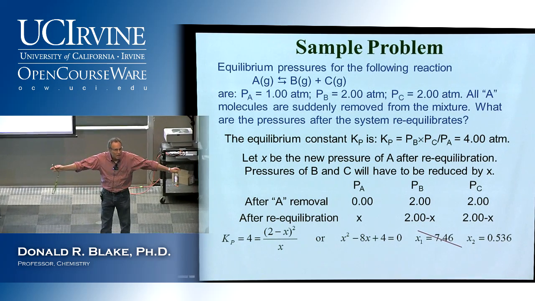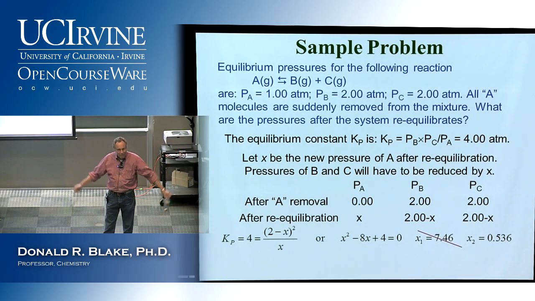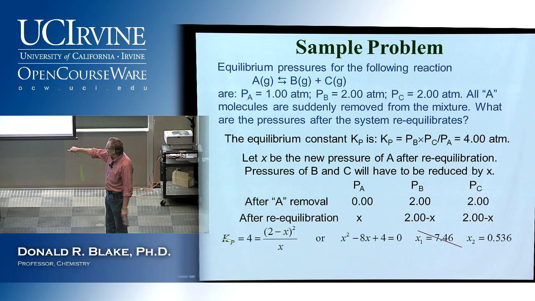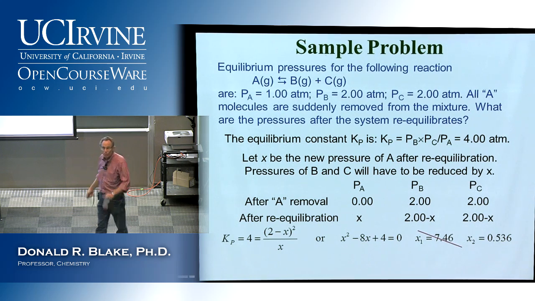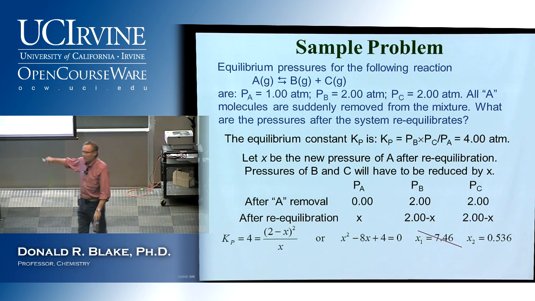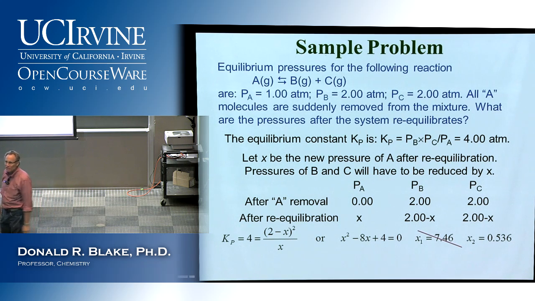Just to humor me, plug those values back into the original right at the very beginning. Say, I'm going to say that the pressure of A is 0.53. The pressure of B and C is going to be 2 minus that. Plug it in and see if you don't get 4.